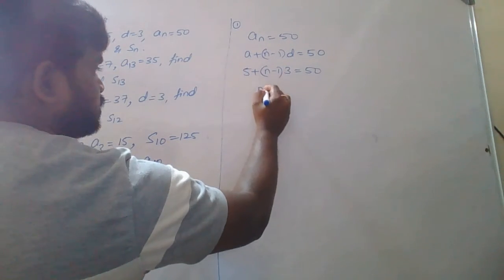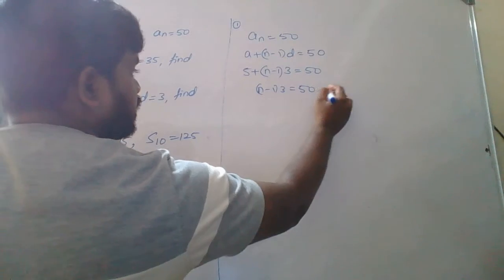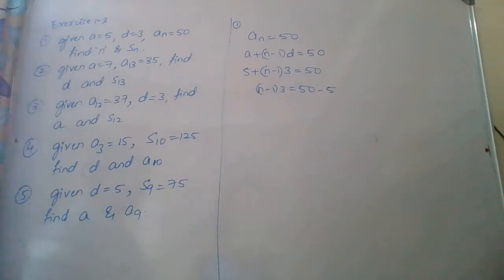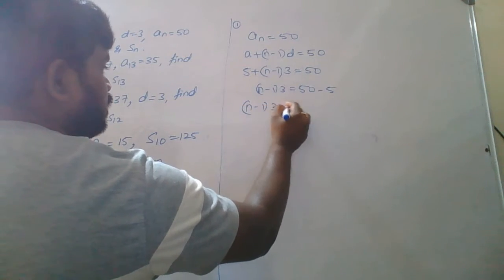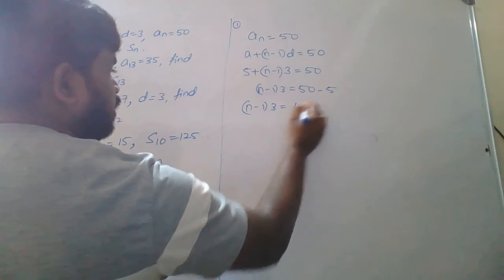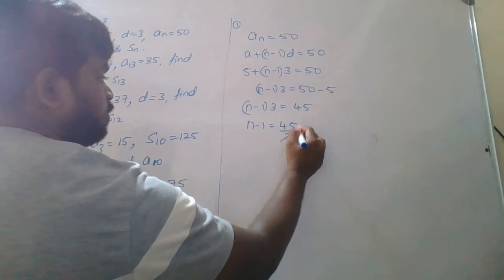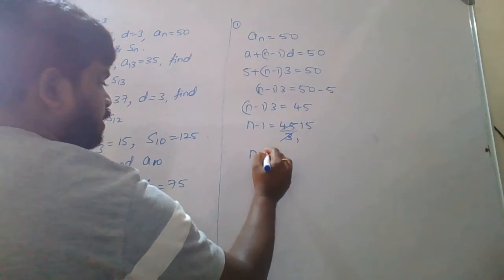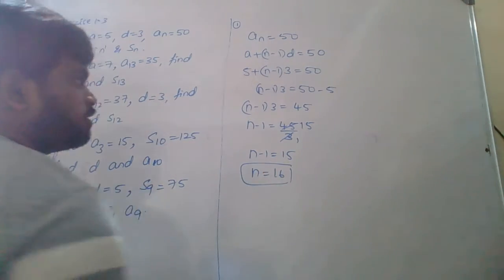Let's transpose the 5 to the other side, so it will become minus 5. 50 minus 5 is 45. So n minus 1 into 3 equals 45. Therefore, n minus 1 is 45 by 3. 3 1s are 3, 3 15s are 45. Therefore, n minus 1 is 15, which implies n is 16. We got the first one.